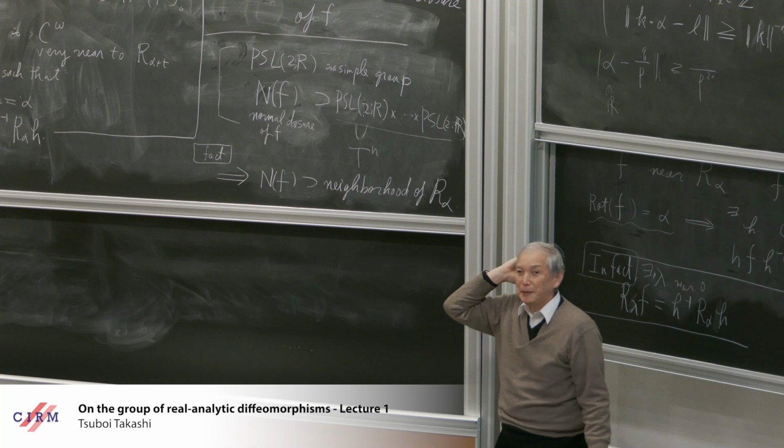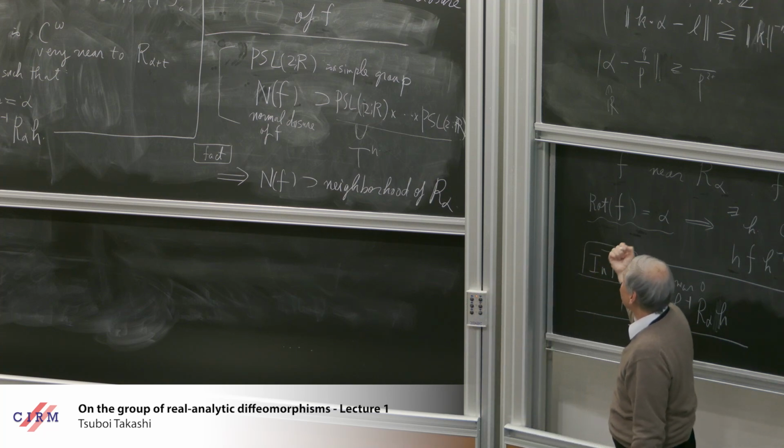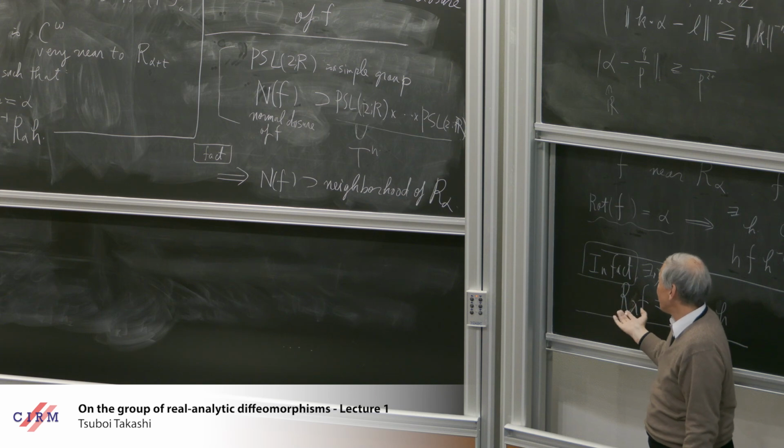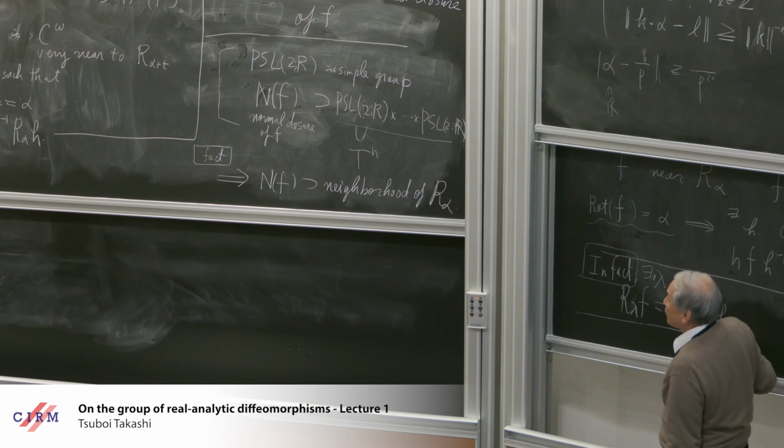Is it clear? So if I take some element very near to the rotation, I can, in some sense, modify its rotation number, and it will be conjugate.